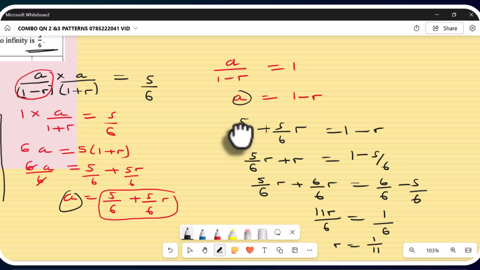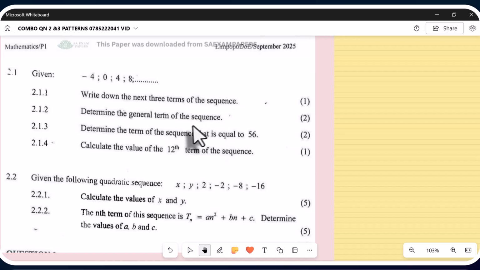Here, our first term is negative 4, and our common difference is 4. So open brackets here. We're going to have our Tn equals negative 4 plus 4n and then minus 4.